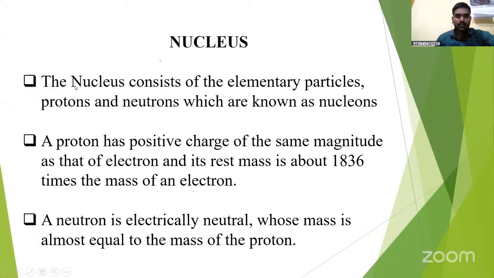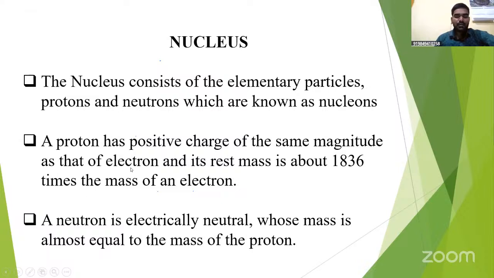What is the nucleus? The nucleus consists of the elementary particles, that is protons and neutrons, which are known as nucleons. We'll combinedly call them nucleons. A proton has a positive charge of the same magnitude as that of the electron.